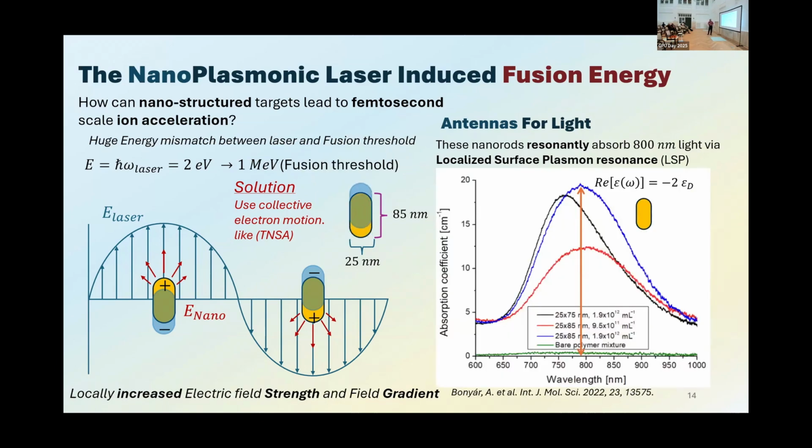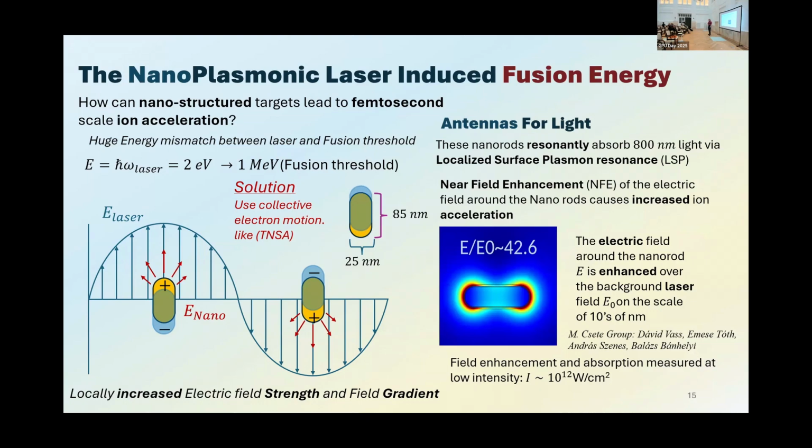So this is actually an experiment done in our group by Attila Bonyar, where we can see that for this wavelength here, around 800 nanometers, we get a resonant absorbance of this material, which is basically a plastic material called UDMA-TEGMA, filled with gold nanorods of a particular size, 85 nanometers. And we get an absorbance of light here, resonant absorbance of light.